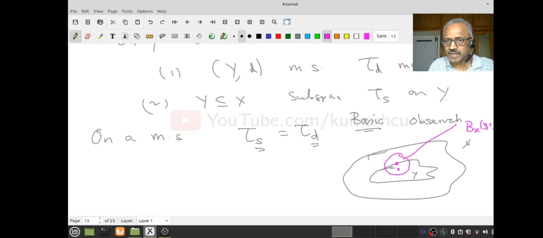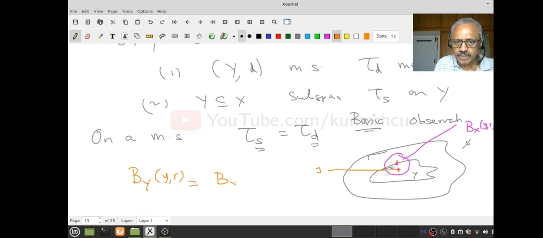You understand? And then you can also ask what is B_Y(y, r). Look at all points in Y which are at a distance less than r. This is my Y. And this is nothing other than B_X(y, r) intersected with Y. So this is your B_Y(y, r).